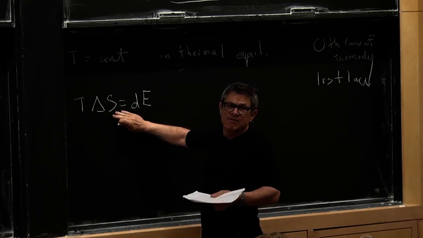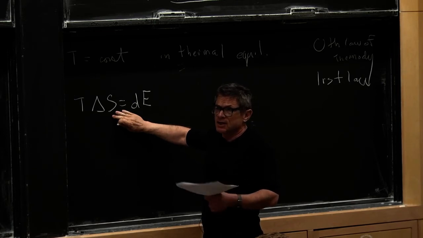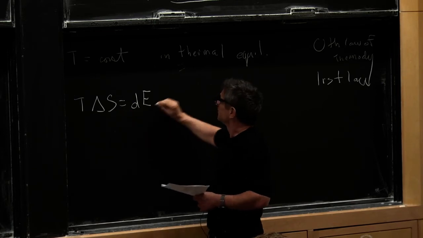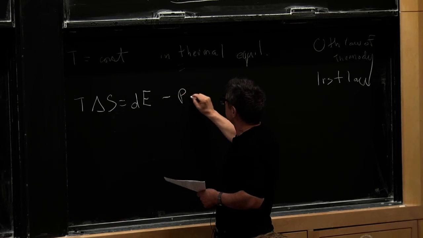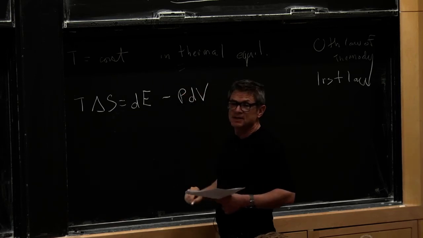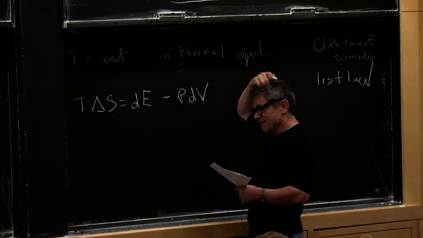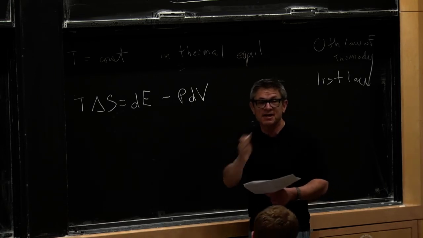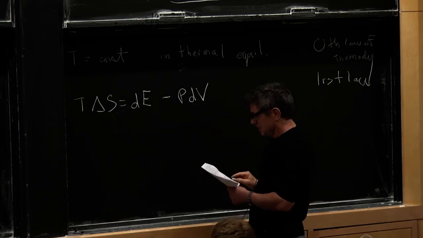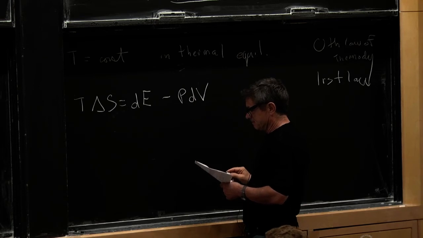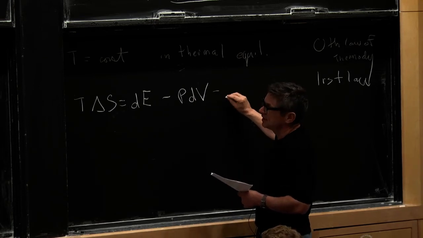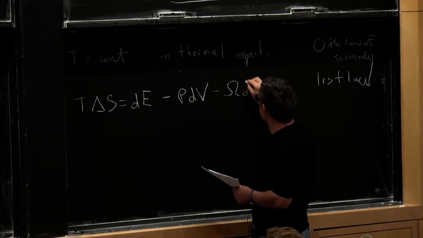In general, we have other kinds of potentials that we might consider. For example, the one that we see the most often is PdV. But if you have an angular potential, then you would also get a minus omega dJ.